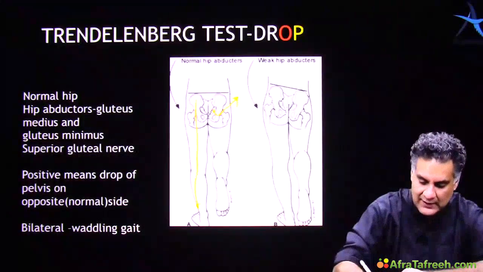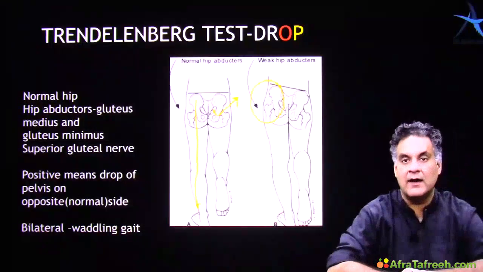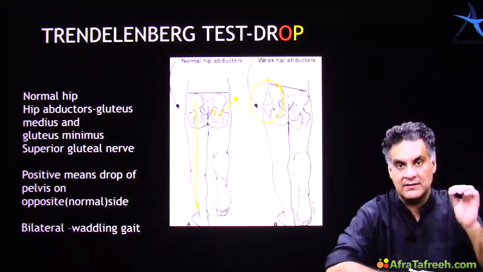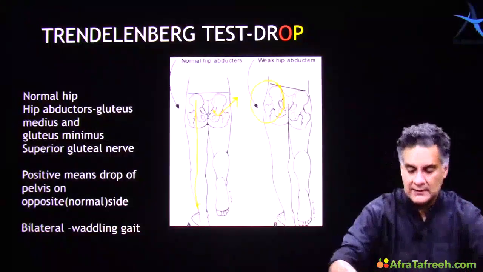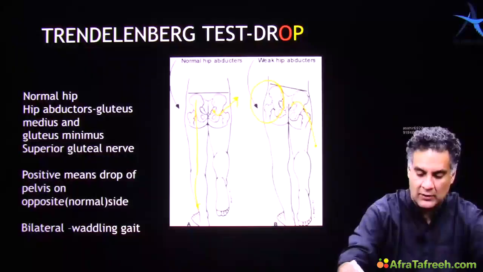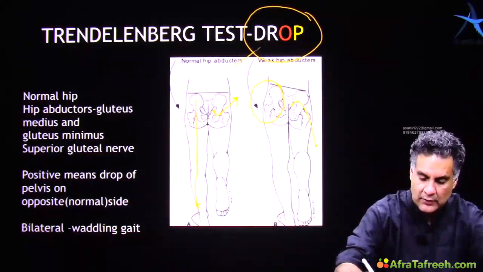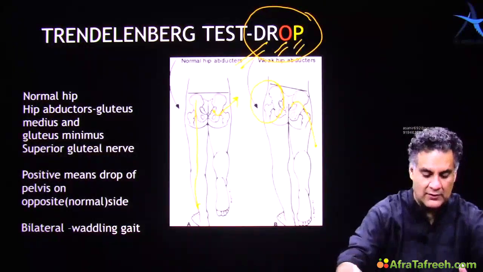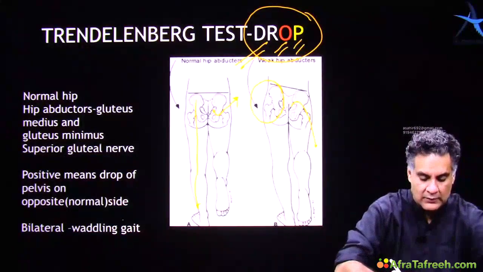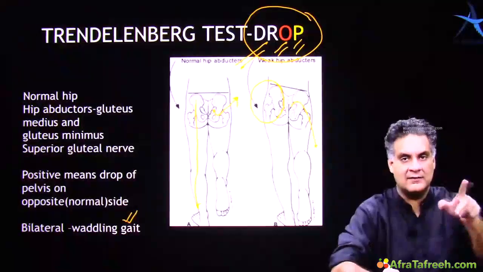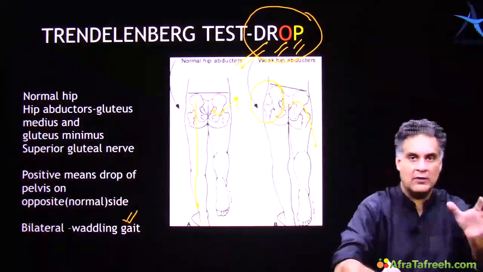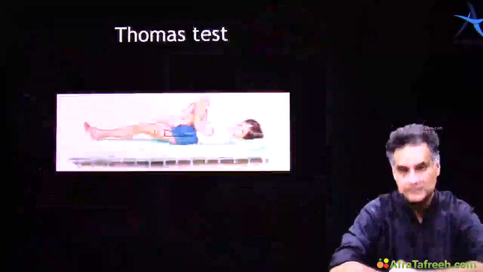But if on the left side the nerve supply, the lever arm, or the muscles are paralyzed or affected, then the opposite side drops. Drop of the opposite side of the pelvis is called positive. And when both sides are positive, bilateral disease, it is called a waddling gait, because like a duck waddle, that's how it walks.